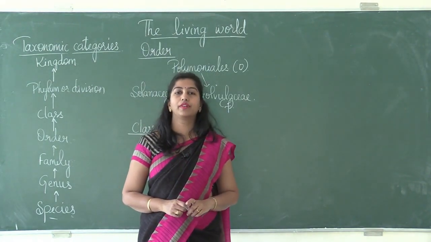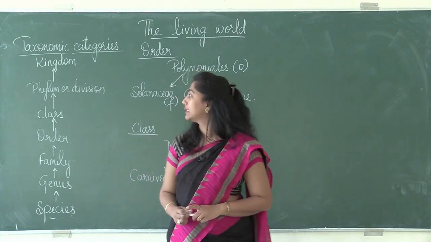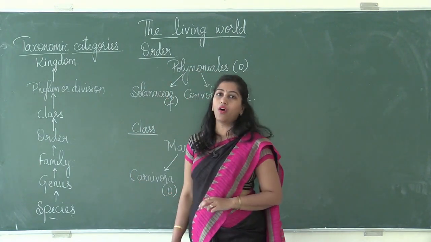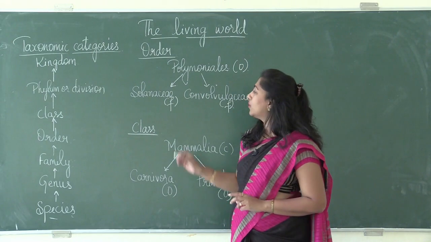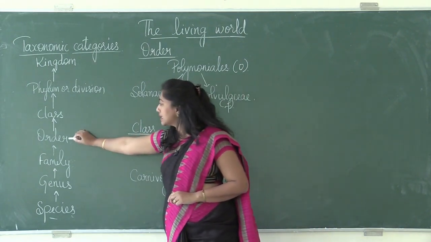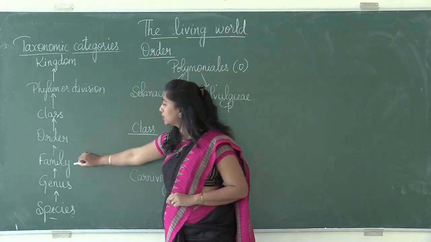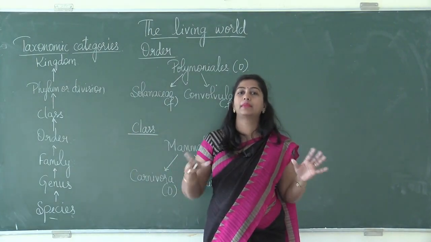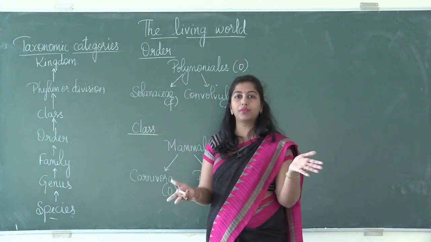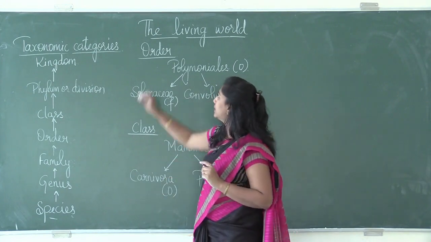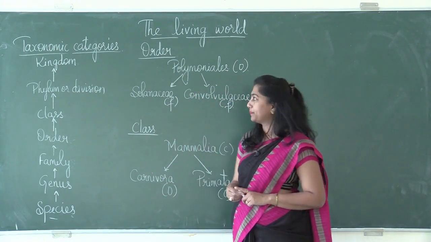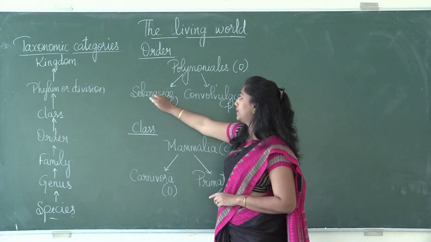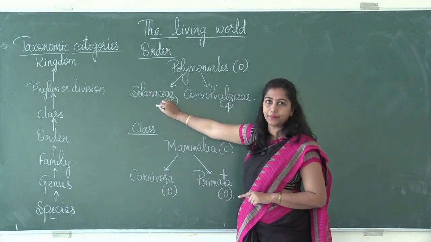Next we are moving on to the next taxonomic category, that is order. Order consists of a group of related families. When many families have similarities, they are put under one group which is called order. For example, we studied the family Solanaceae.